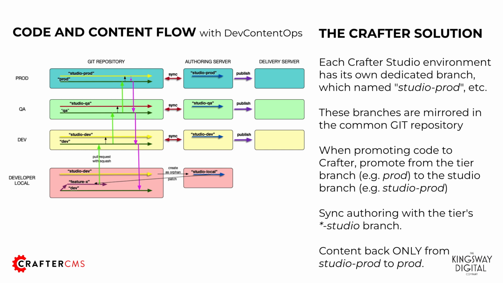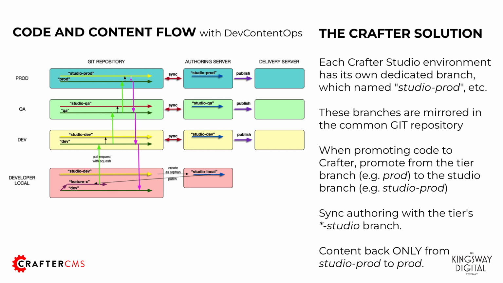And that process carries forward throughout all of the environments in your infrastructure. So for QA, to deploy into your QA environment, you will deploy code from the QA branch into the Studio QA environment branch, and then sync it over to the QA authoring server. And similarly for dev. So how do we get content down from the production environment into these systems safely?